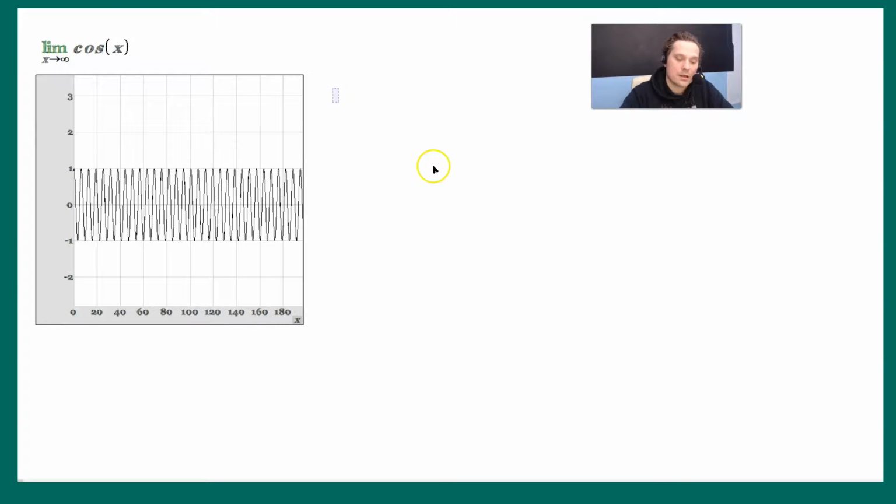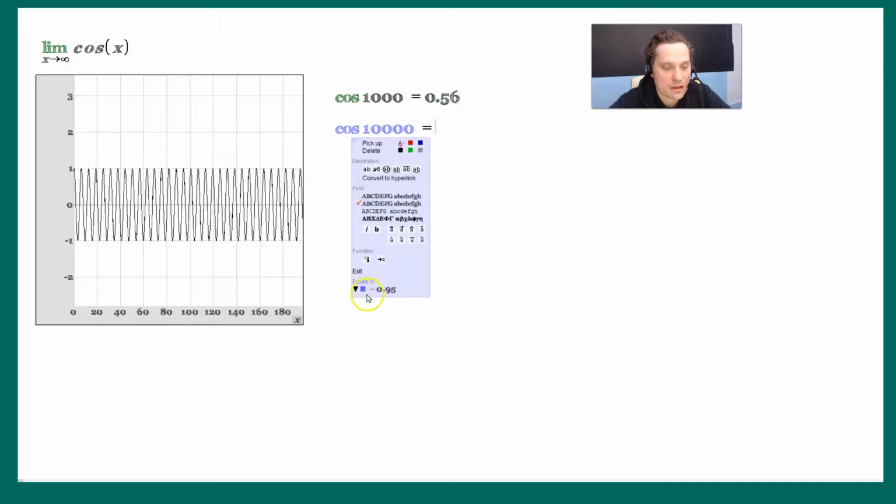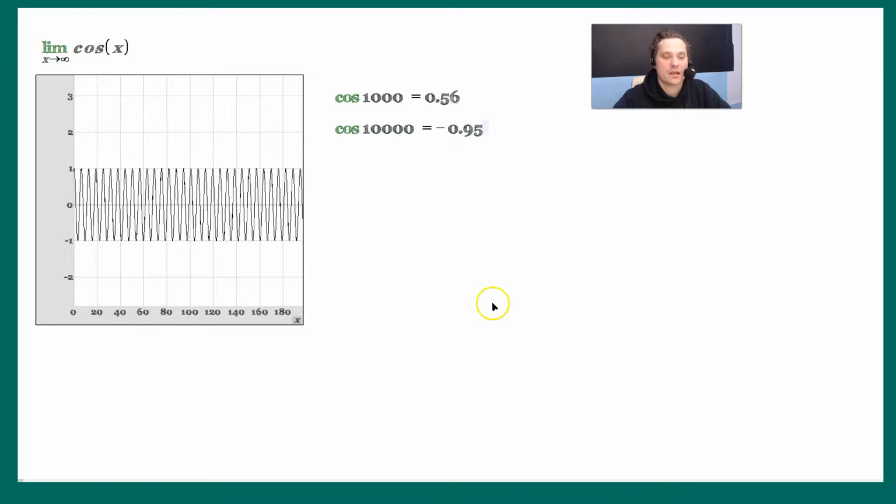Look, if I do cosine of something big already, like 1,000, and punch this into a calculator, I get 0.56 as my output. Do cosine here of, say, something huge. Well, that's not too huge, but it's doable there in the calculator. That's negative 0.95. So it goes from positive to negative.